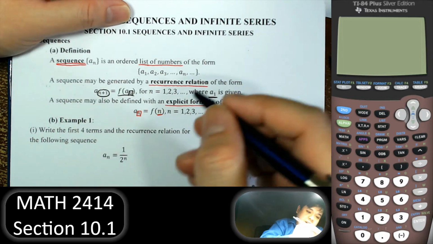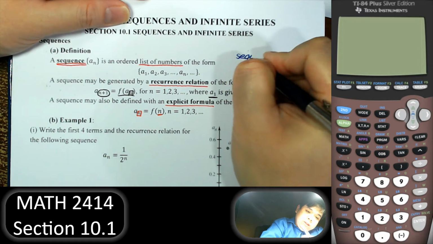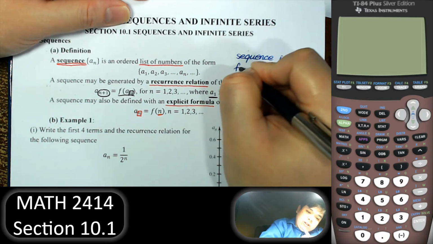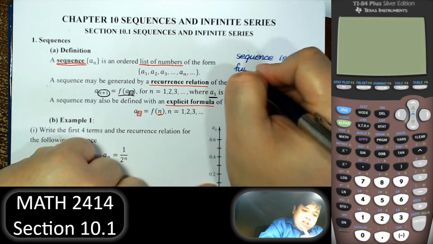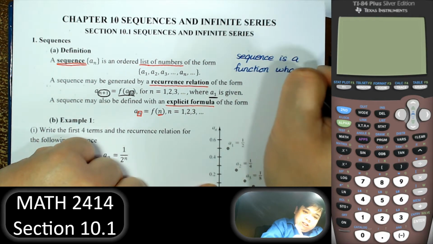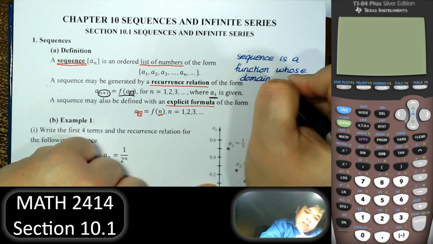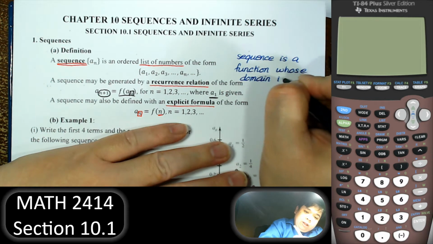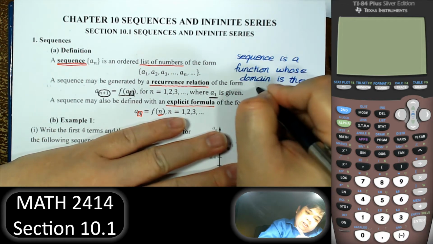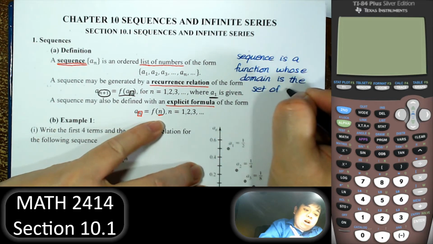So another definition for sequence: a sequence is a function, like a function like this, whose domain is the set of integers. I should say whole numbers because it might start from 0.